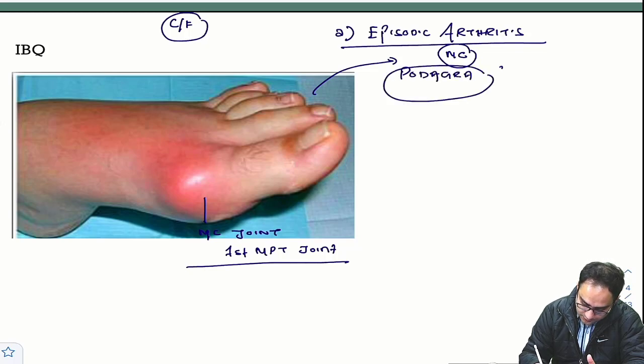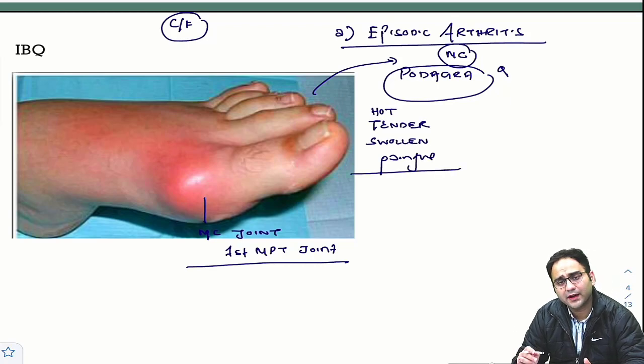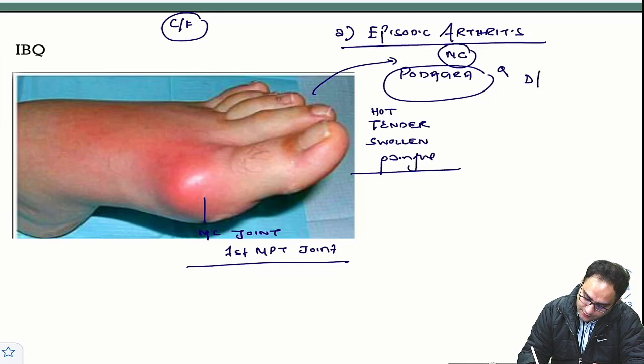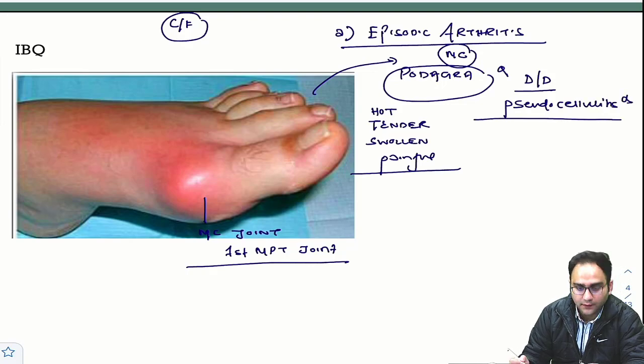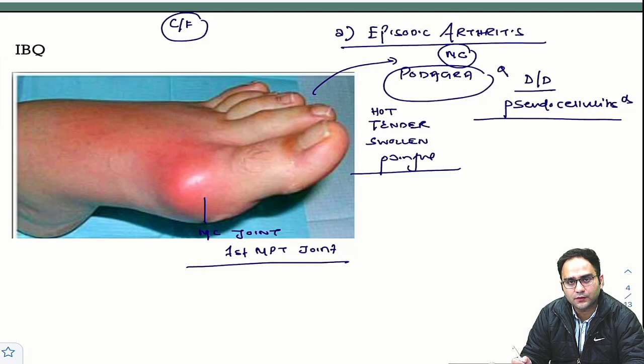This condition is known as podagra, and you can get a joint that is hot, tender, swollen, and painful. So you can get all the features of inflammation, and such is the swelling that you can get confused with cellulitis. That's why this condition is also called pseudocellulitis.